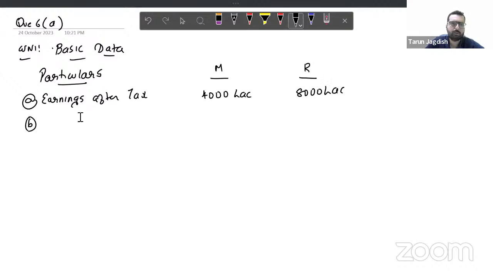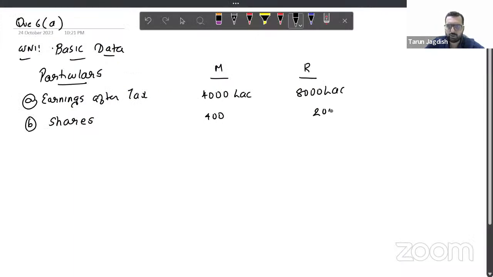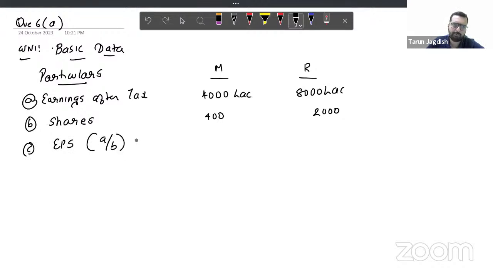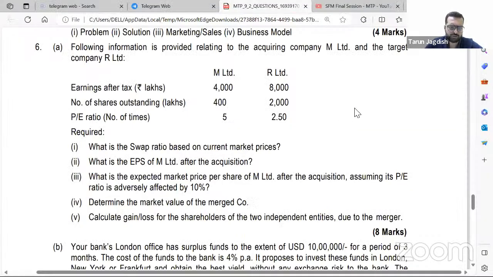Point number B is going to be the number of shares. So how many shares are there? 400 lakhs and 2,000 lakhs. From this, can I find out the EPS? Do you get the answer as 10 rupees per share? And here, do you get the answer as 4 rupees per share?